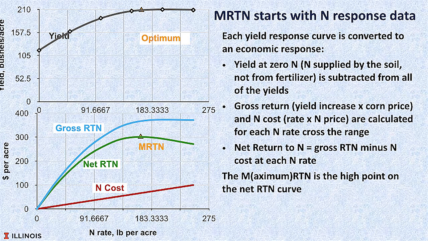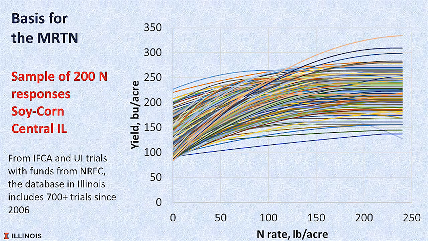So we're going to go through this pretty quickly. I've been talking about it now the last month, and this is 200 N response trials in central Illinois, corn following soybean. And you can see they're kind of all over the place. We turn that into an economic response, just subtracting the nitrogen rate.